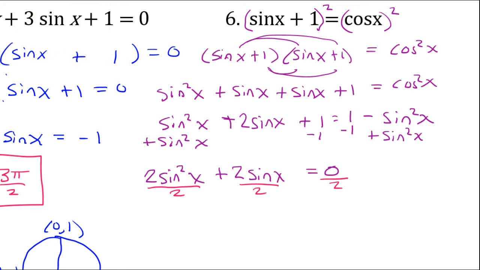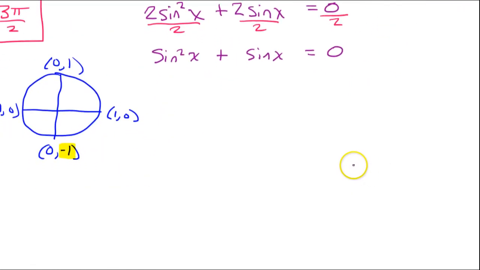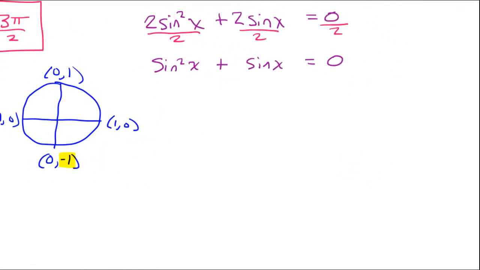So that's just going to leave me with sine squared x plus sine x is equal to 0. Okay, I like this better. Okay, me gusta. So now the GCF is simply sine x, so I'm going to bring that out. So sine x, and that's going to leave on the inside sine x plus 1.